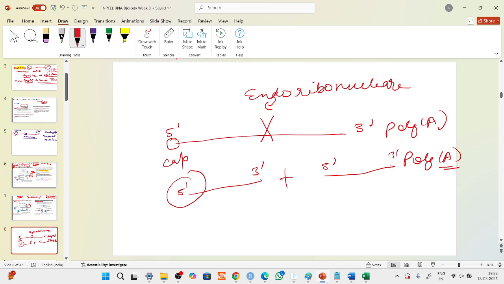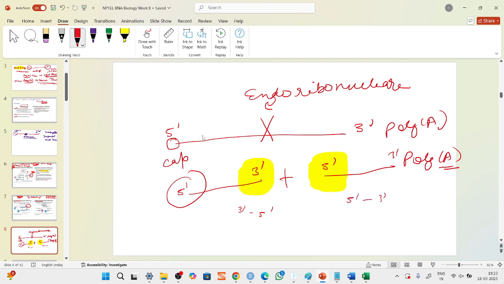Now we know that if we have any open ends, then exonuclease can come and easily bind to it and easily chop off the mRNA. Here, because of this, what has happened? It has produced one open end at the 3' end and another open end at the 5' end. So two open ends have been produced. Because of these open ends, here 3' to 5' decay can happen, and here 5' to 3' decay will happen.